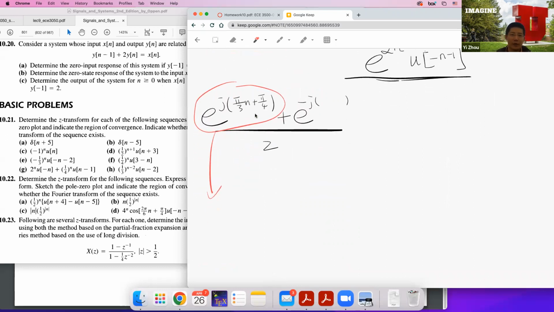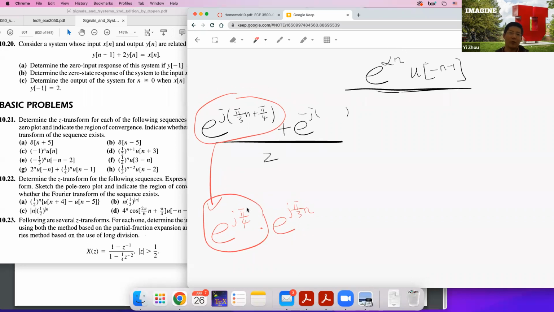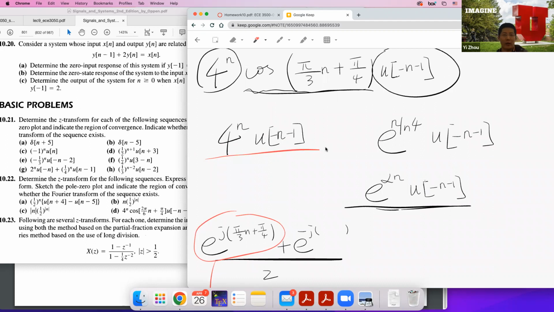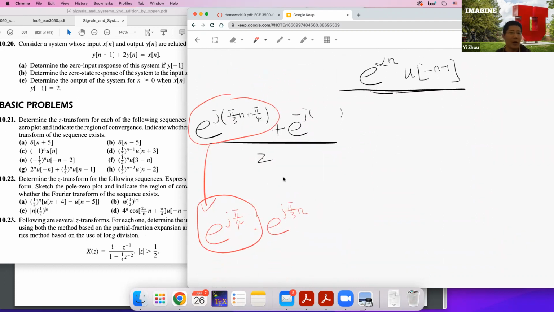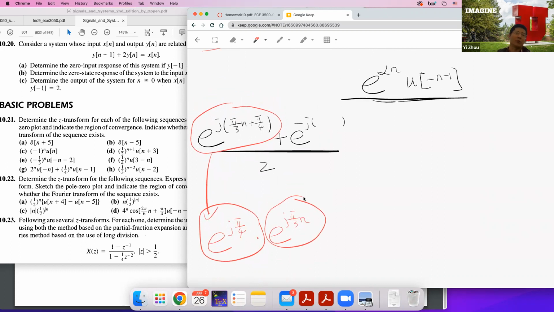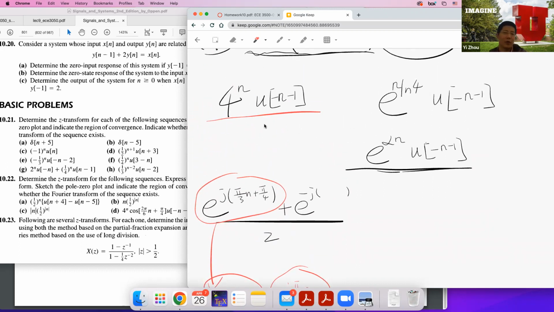But before that, you notice that there's a constant phase shift in this one. So you can decompose it into two parts. One is the constant part, and one is the frequency shifting part. This is just a universal constant, so this one will be multiplied with the signal. It's like a constant scaling of the magnitude. And this one, when you multiply with the signal, you can apply the frequency shifting property. You do this for both parts.